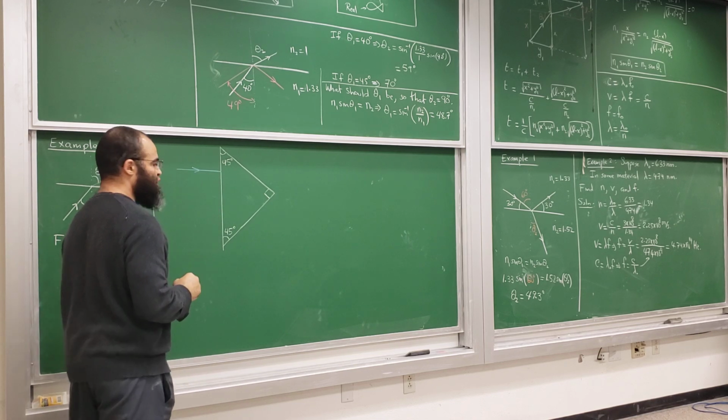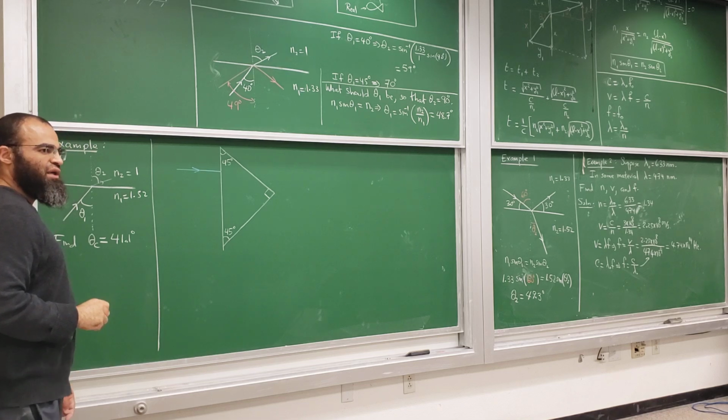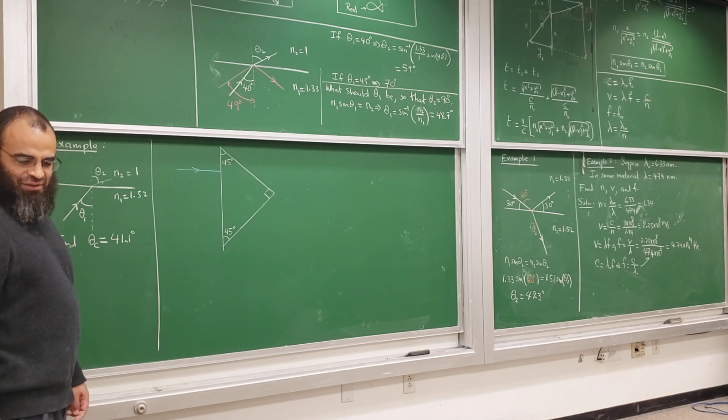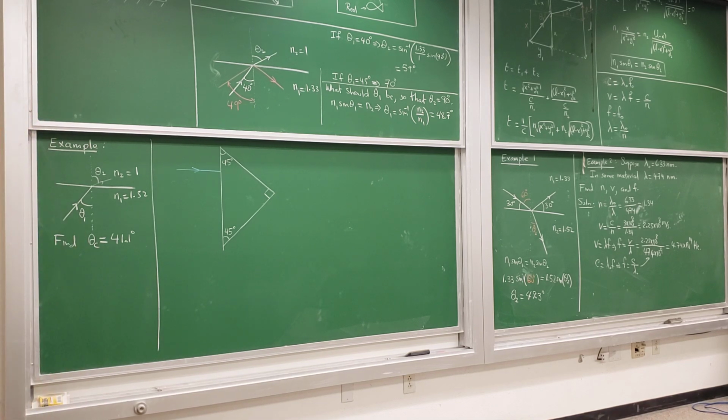Question 1: what's the angle of incidence here? It makes 90 degrees? Remember, we measure it from the perpendicular though. The angle it makes with the perpendicular is 0. So the angle of incidence is 0.